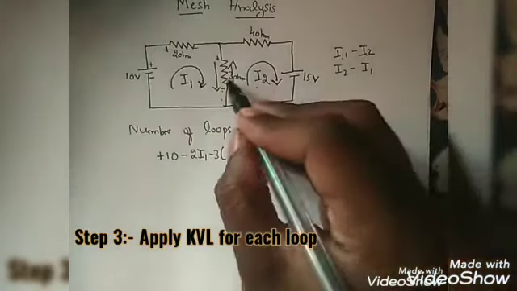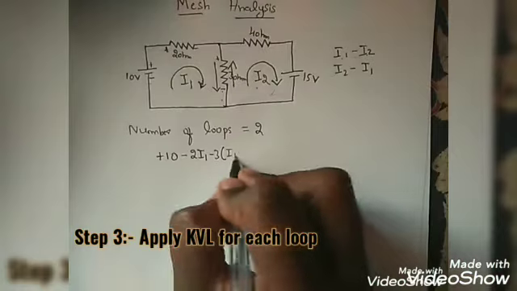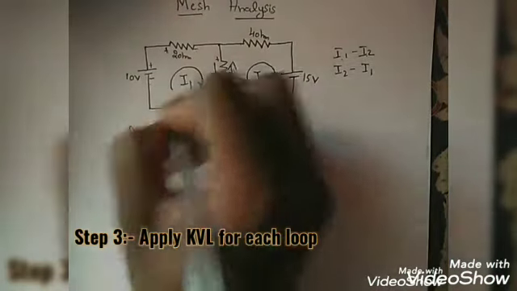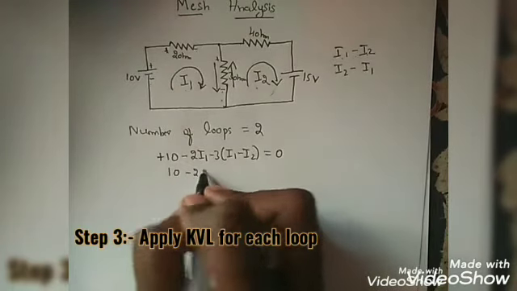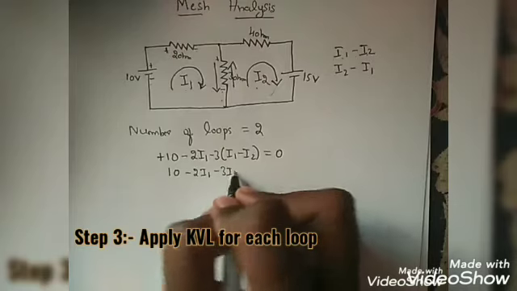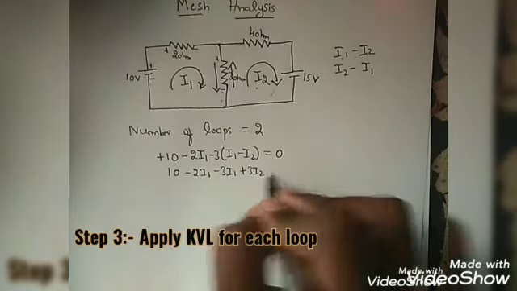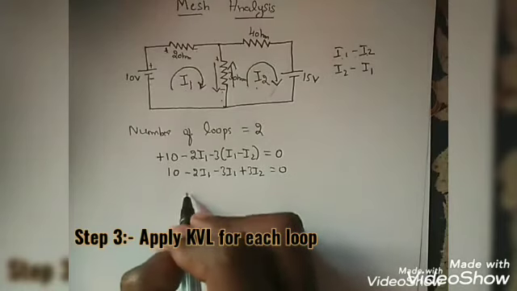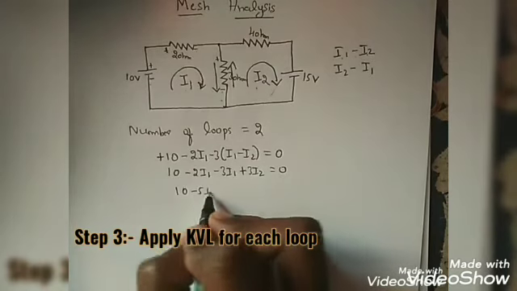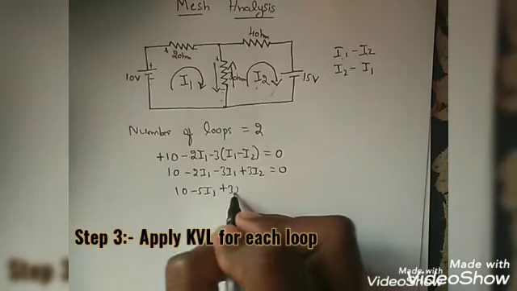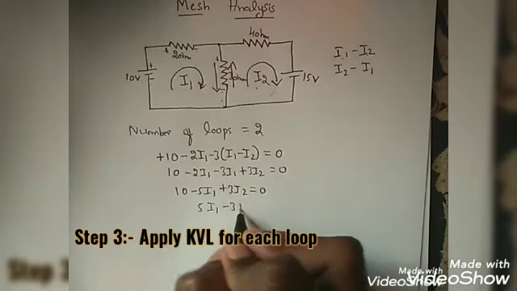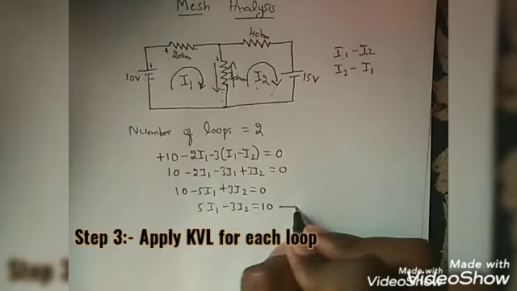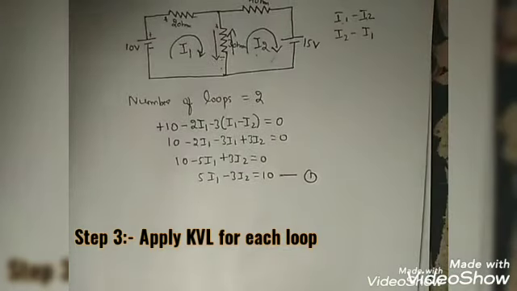So 10 minus 2 I1 minus 3 (I1 minus I2) is equal to 0, that is 10 minus 2 I1 minus 3 I1 plus 3 I2 is equal to 0, that is 10 minus 5 I1 plus 3 I2 is equal to 0. So 5 I1 minus 3 I2 is equal to 10. Let's consider this as equation number 1.